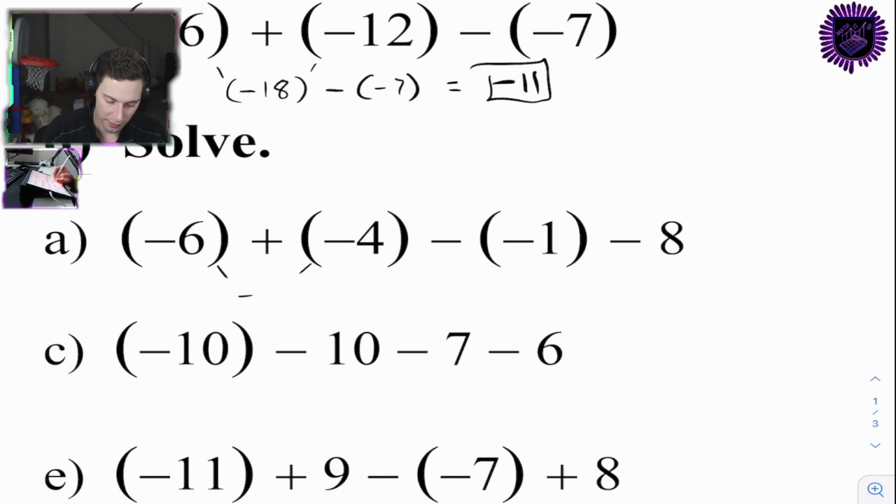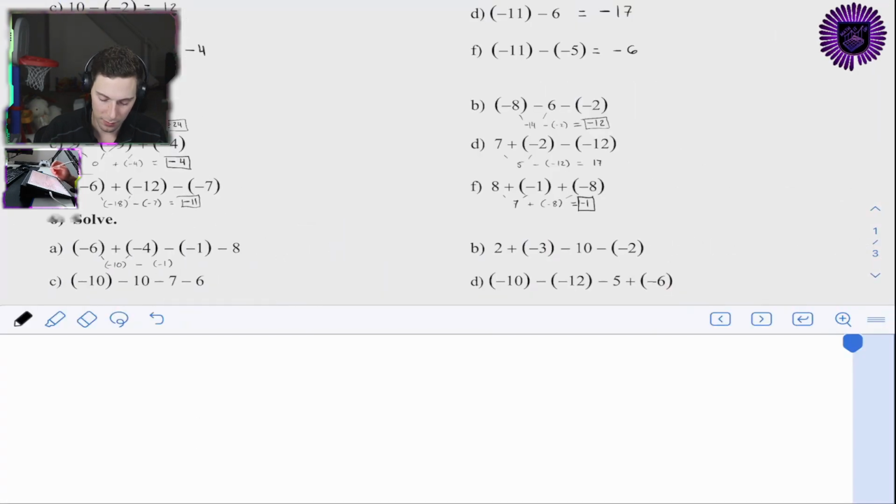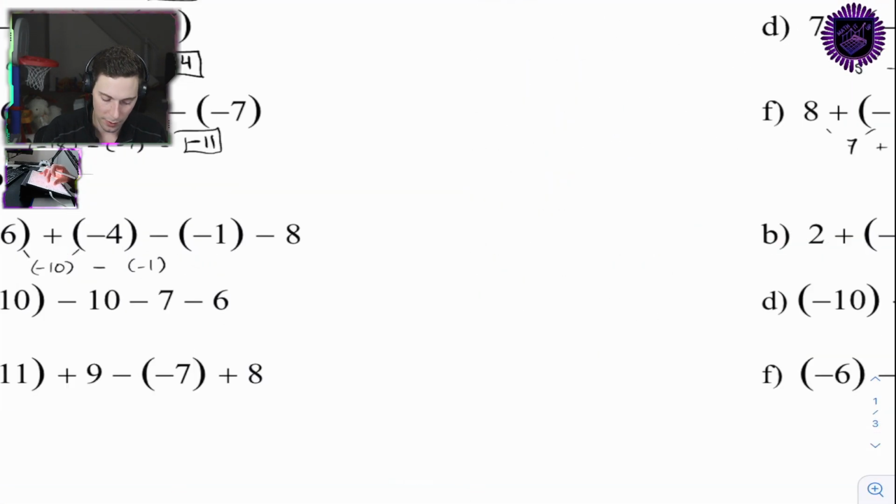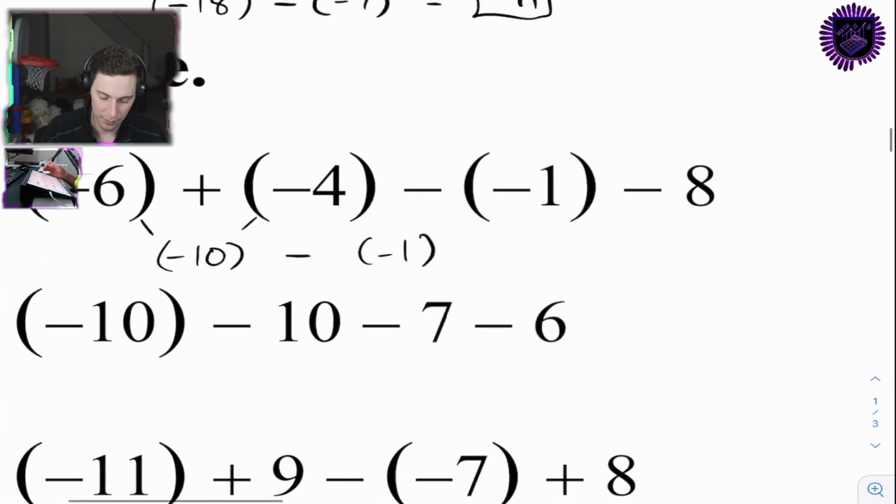This is going to be negative 10. And let's minus negative 1. Sorry, minus negative 1. Oh, let's go this way, because we're running out of space here.